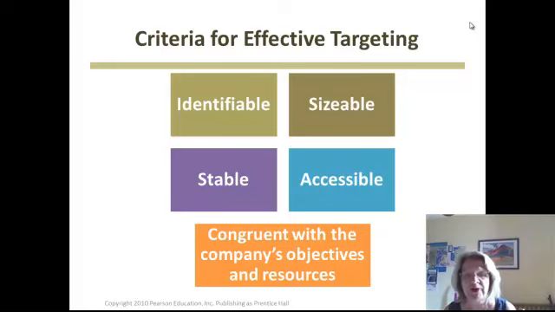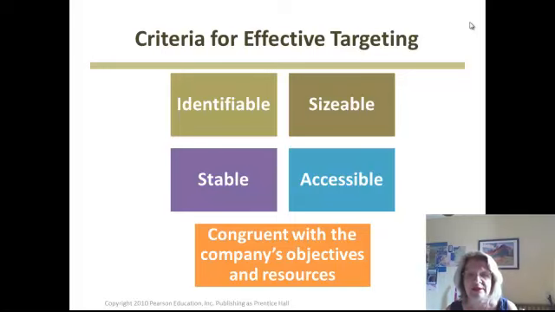There are 5 criteria for effective targeting, as shown on this slide. First of all, the target must be identifiable. This means that the marketer must be able to see or find the characteristics they have chosen for each segmentation.